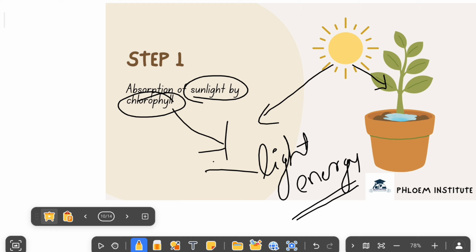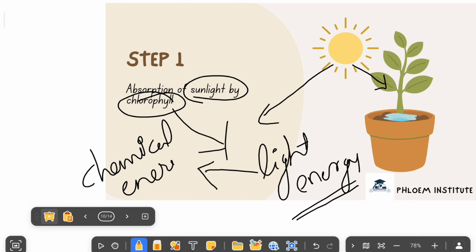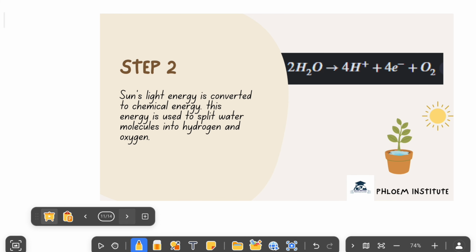Now what they will do, they will convert this light energy into chemical energy. After chlorophyll absorbs the sunlight in the form of light energy, they convert it into chemical energy. This converted chemical energy, they will use for splitting the water molecule.